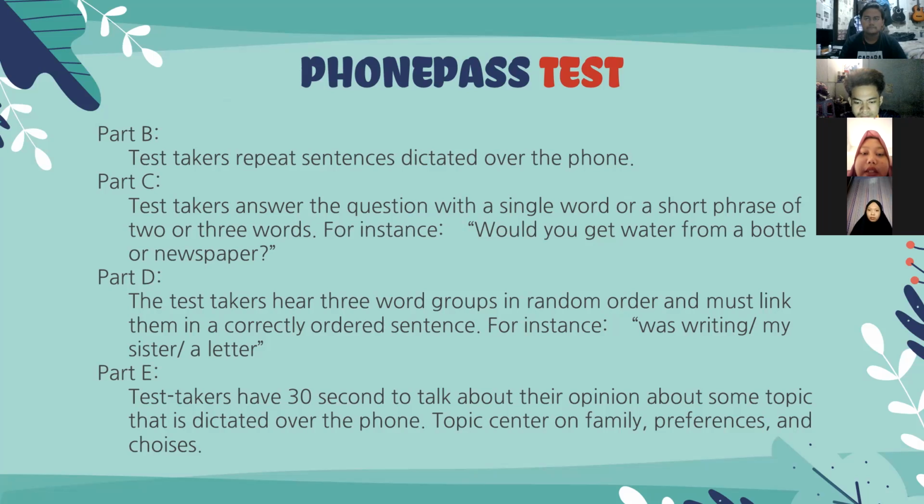In part D, the test taker hears 3 word groups in random order and must link them into a correctly ordered sentence. For instance, was writing or my sister or a letter. In part E, the test takers have 30 seconds to talk about their opinion on some topic that is dictated over the phone. Topics center on family, preferences, and choices.